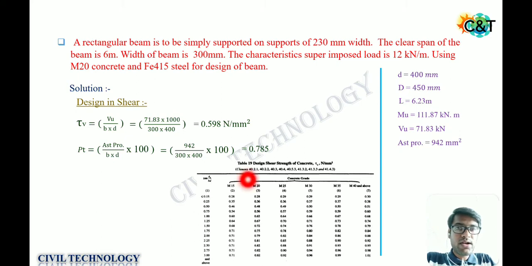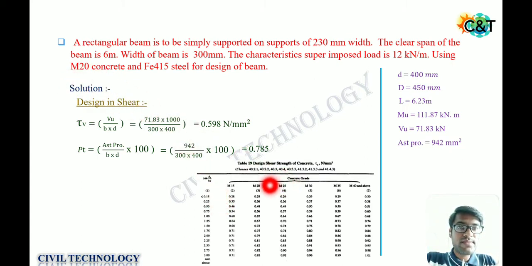It gives 0.25, 0.5, 0.75, 1, 1.25 and so on. So take two values, one on the upper side and one on the lower side. Our grade of concrete is M25.